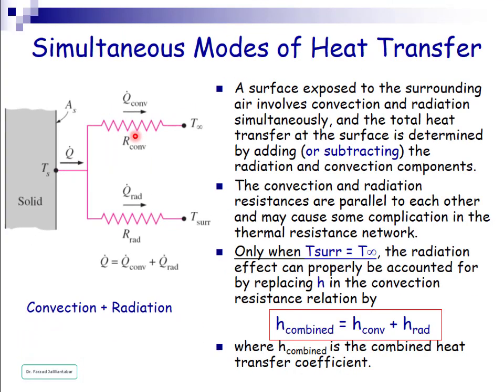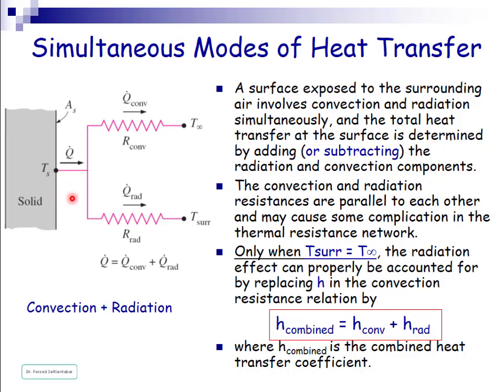Sometimes a surface is exposed to the surrounding air, involving convection and radiation. As you can see in the figure, we have two kinds of heat transfer for the surface: heat transfer due to convection and also radiation.